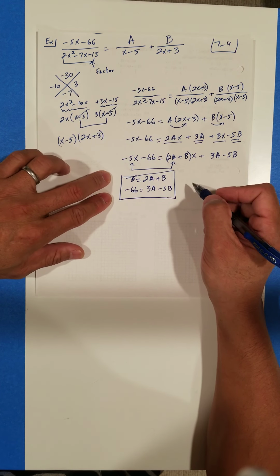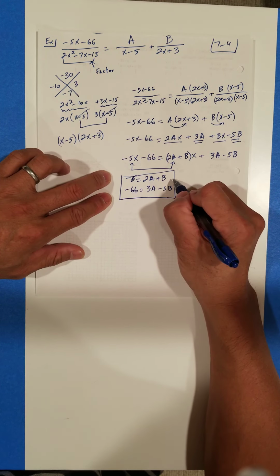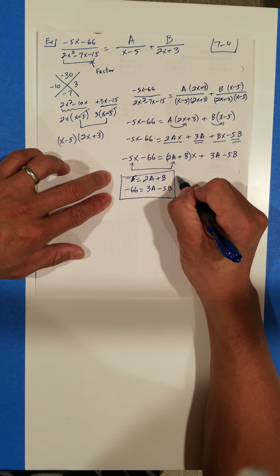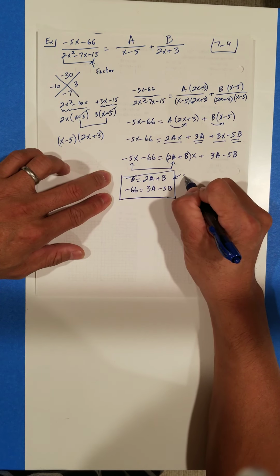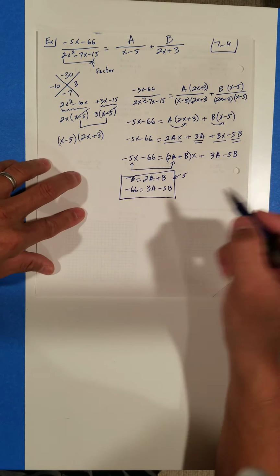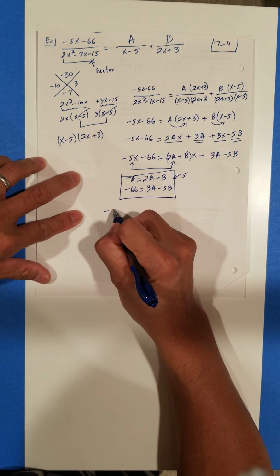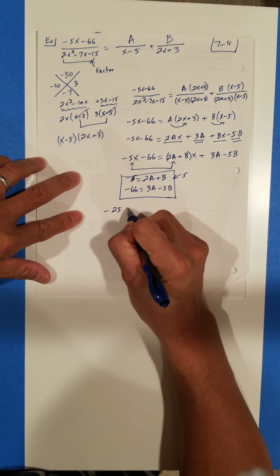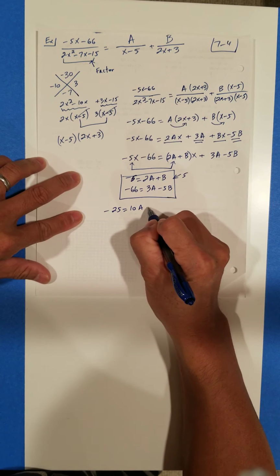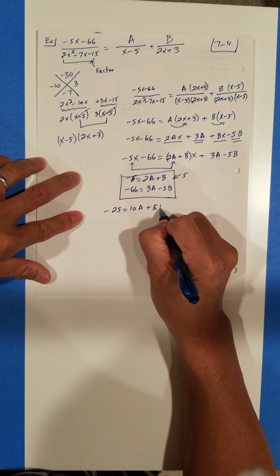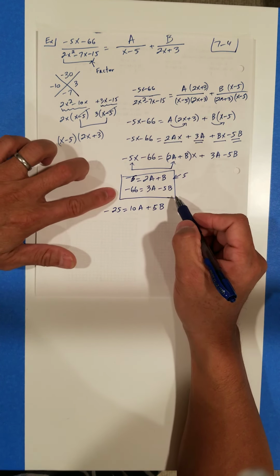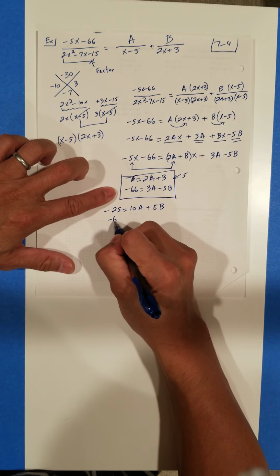Now if you look at this, the system is easily solved if I multiply this one by 5. If I do that, I get negative 25 equals 10a plus 5b. My bottom equation, I don't have to do anything with. I just leave it alone.